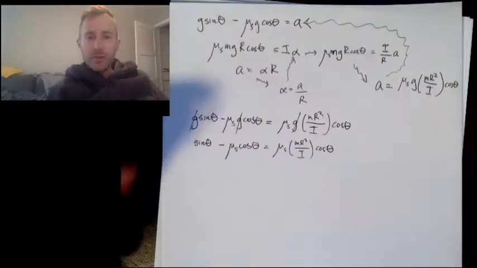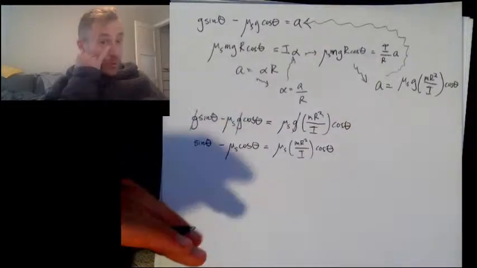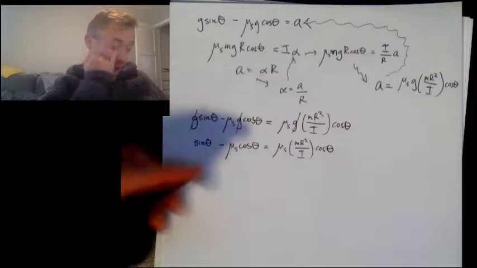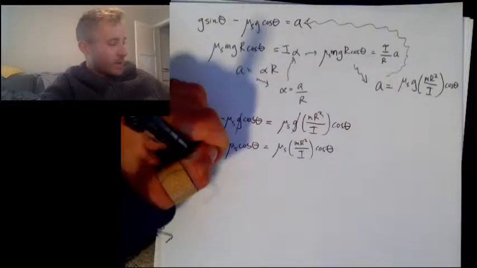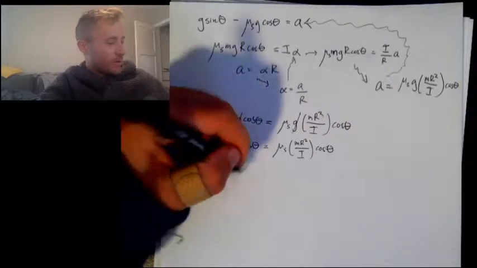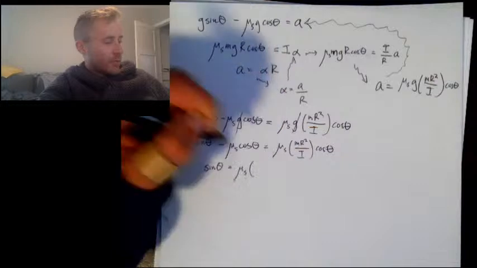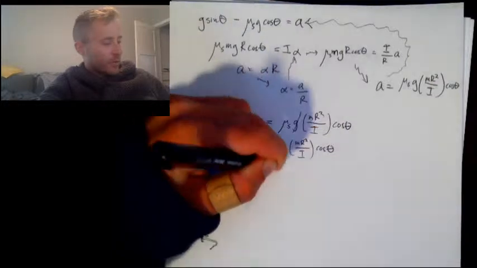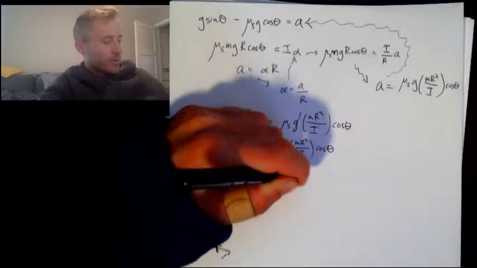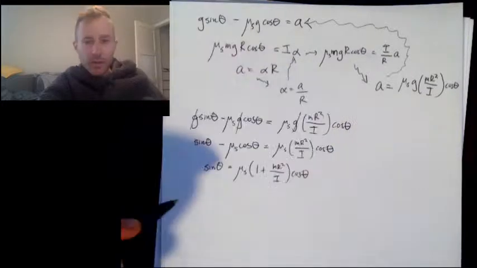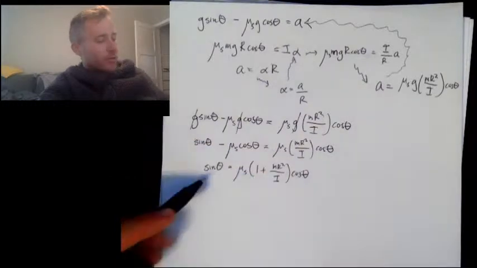I'm trying to solve for the angle, I'm trying to get a tangent, so I can do an inverse tangent. So I'm going to add this cosine theta term over to the other side. Sine of theta equals mu sub s times the quantity 1 plus mr squared over I, cosine of theta. So I added the cosine theta term over and collected like terms. Divide both sides by cosine of theta.